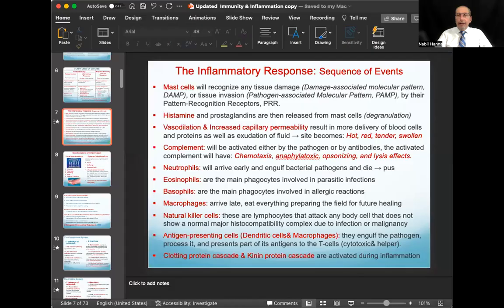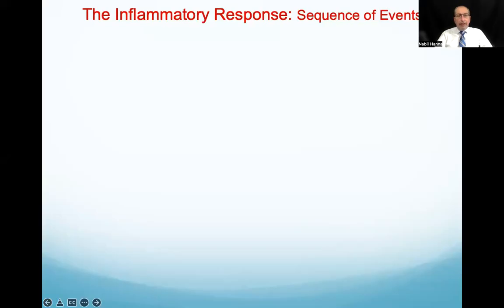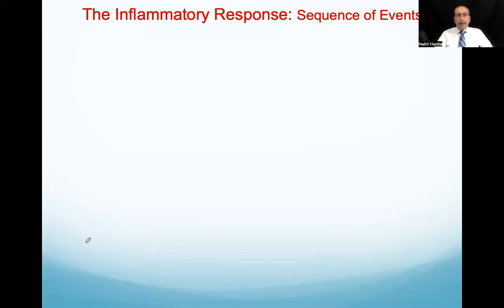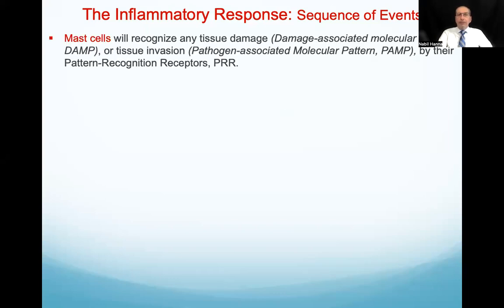So let's continue the discussion of the inflammatory response and the immune response. If we look at the sequence of events in the inflammatory response, how does inflammation start and continue?